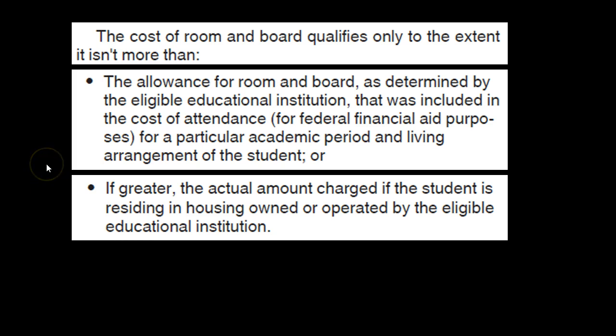So notice the room and board, they're saying is included, but there are going to be restrictions. As we include room and board, you can see why the IRS might be a little bit more skeptical, because people might try to abuse the system by applying the loans to basically an excess of room and board. So the cost of room and board qualifies only to the extent it isn't more than with these two conditions.